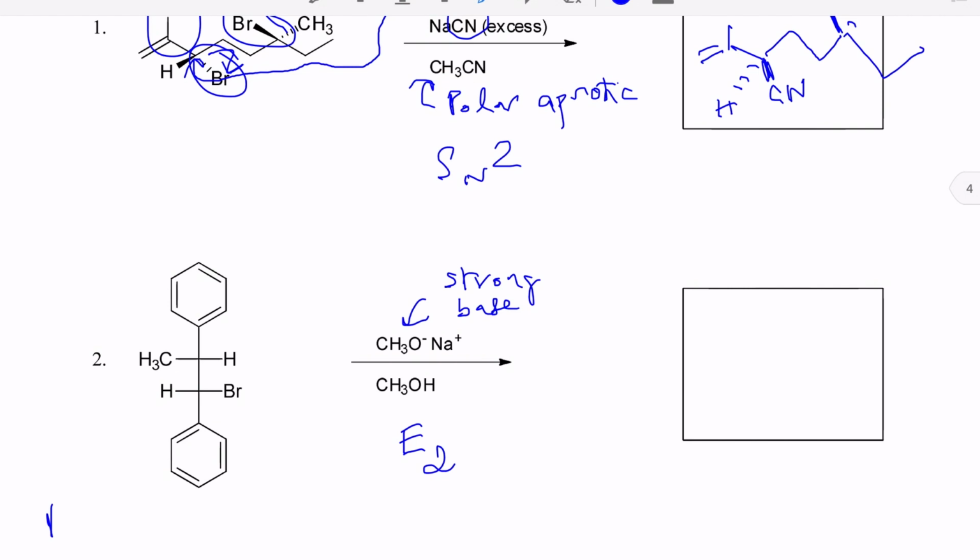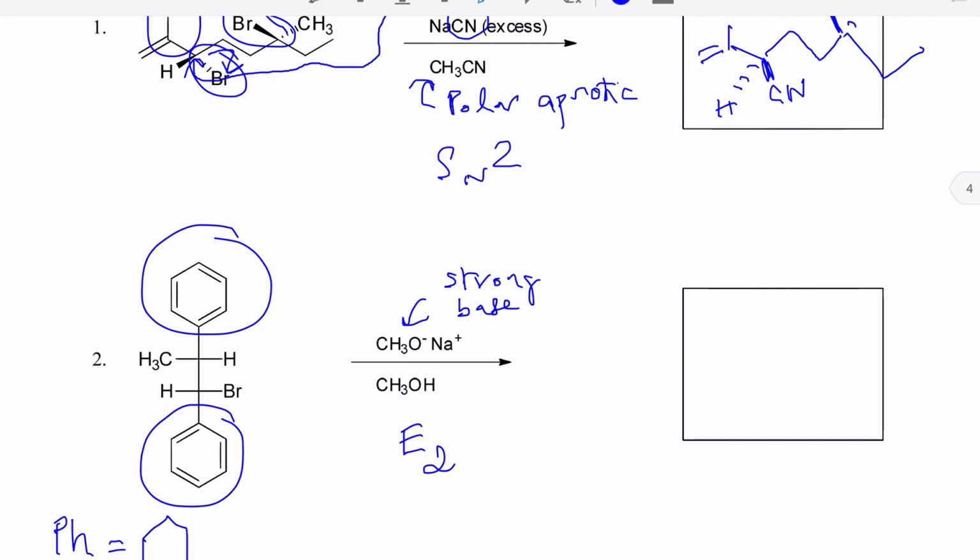Just to make our lives easier, we can denote the rings here by the phenyl ring symbol. It's just a symbol for this type of ring, and you'll see it later on throughout the organic chemistry course series.